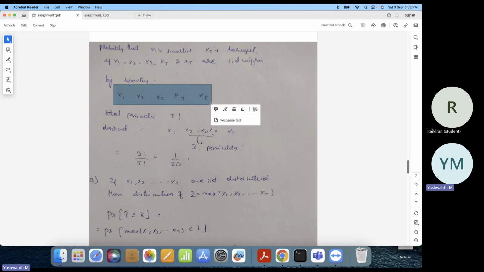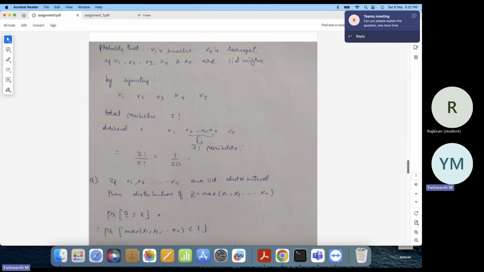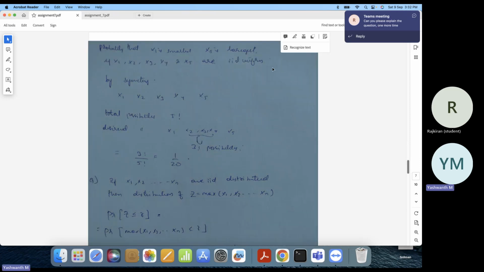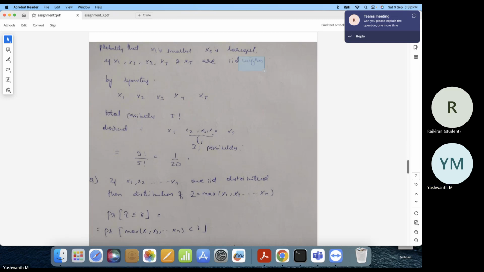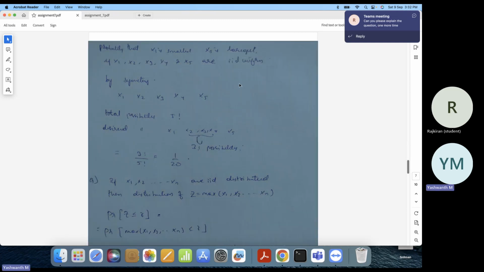So by symmetry, how many of these things are possible? For any given realization of this question, x1 to x5 are IID and drawn from 0 to 1 uniform random variables.